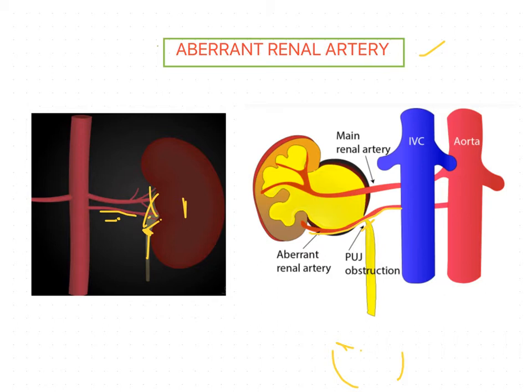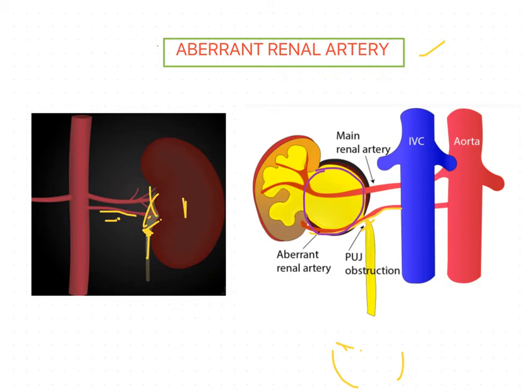So what happens is, if this artery persists, it can obstruct this junction, leading to hydronephrosis. So this one is the hydronephrosis, the collection of urine in the pelvic region. This is what happens in the aberrant renal artery.